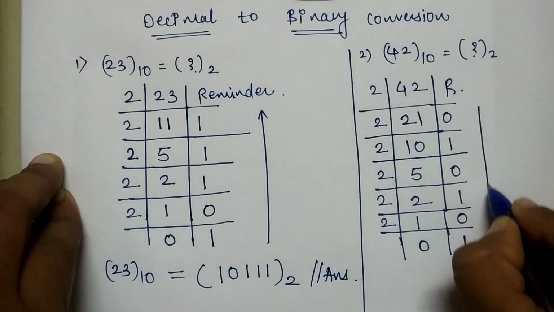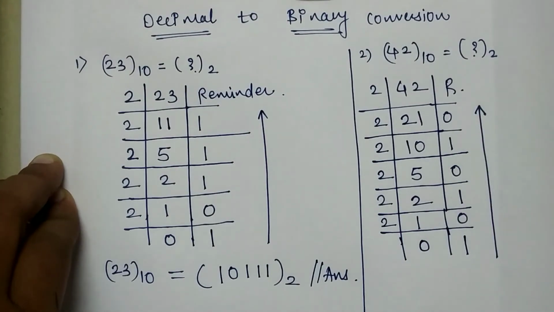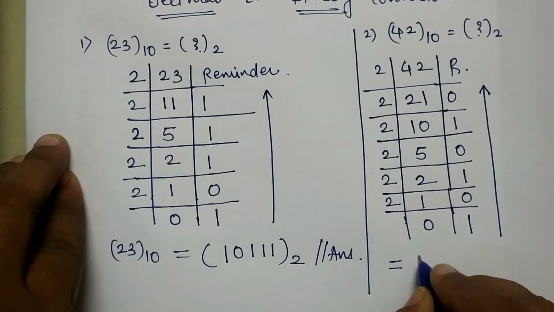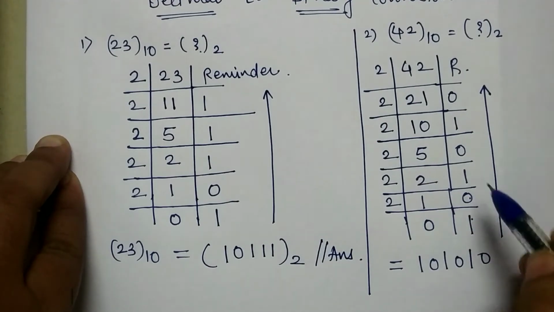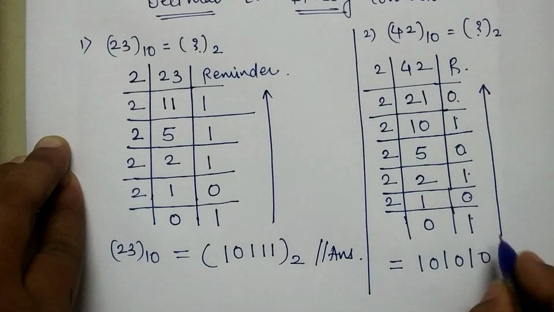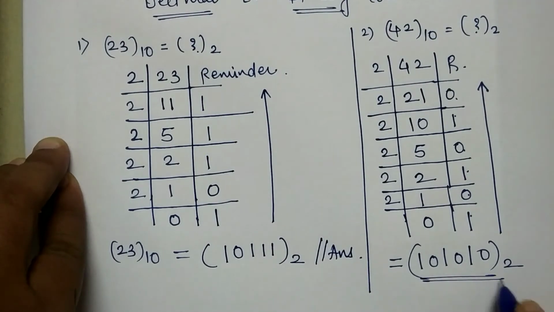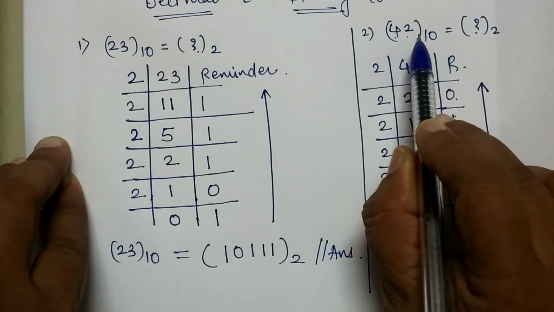So now consider the remainders in the reverse direction. Our equivalent answer is 101010 to the base 2. This is the equivalent binary number of the given number 42 to the base 10.